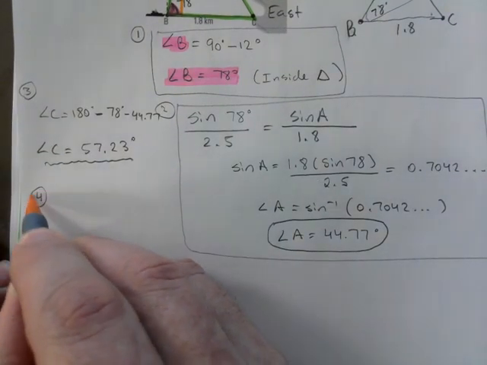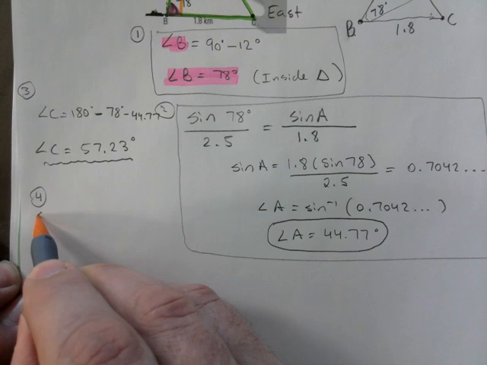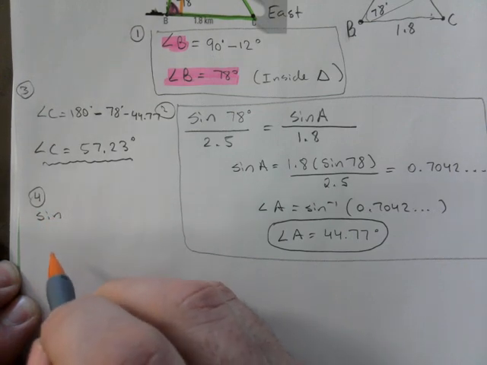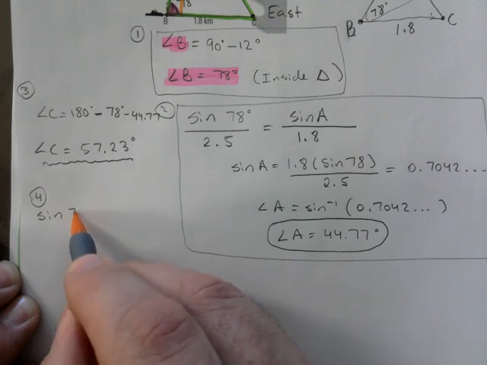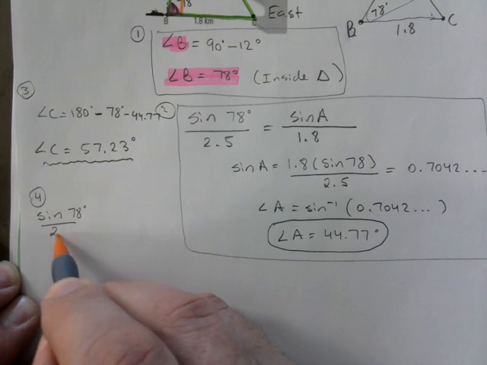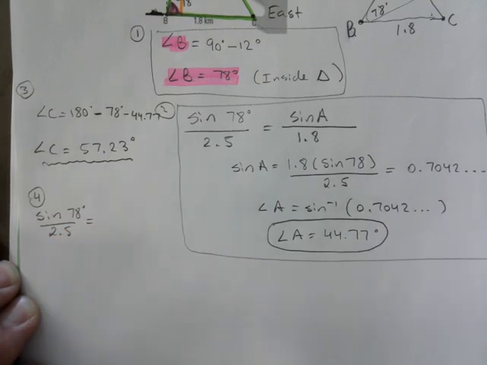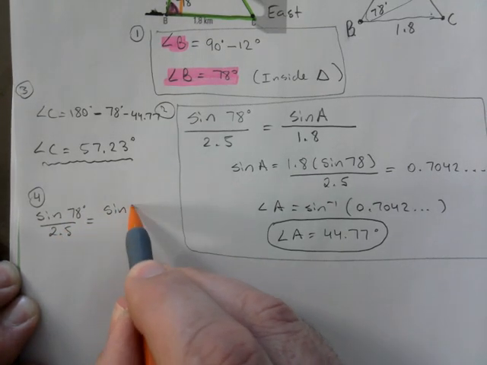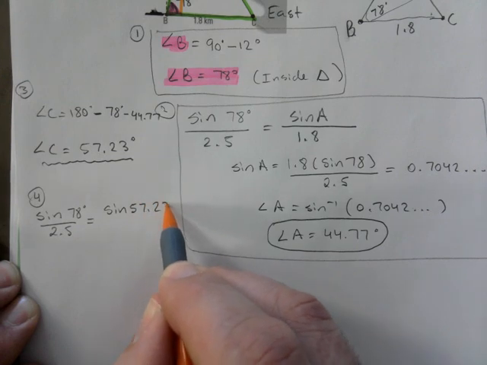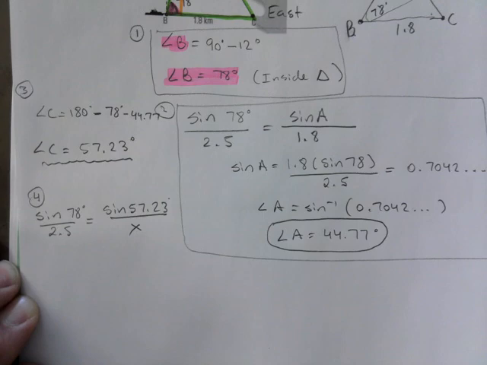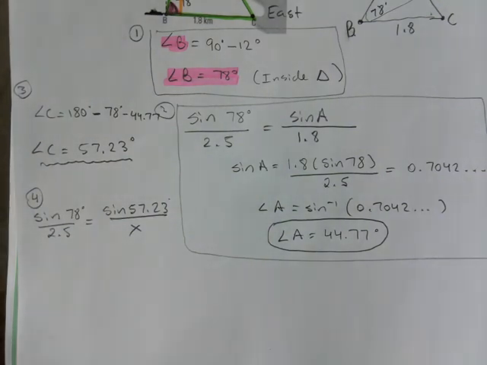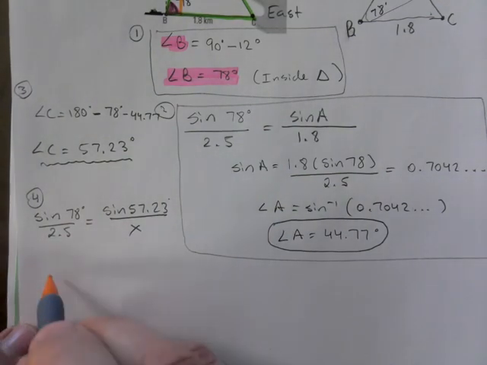And now, I used up way too much room for the other one. That's okay. Sine of 78 over 2.5, that's the pair I knew right from the get-go. And now I'm going to use sine of 57.23, the angle I just found, which is across side x, the ultimate question.